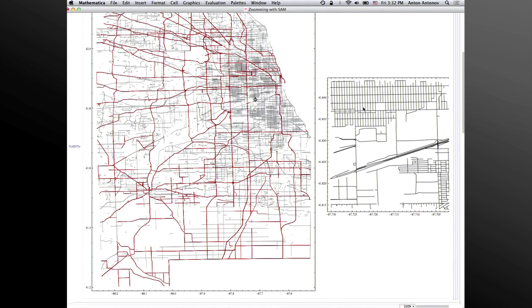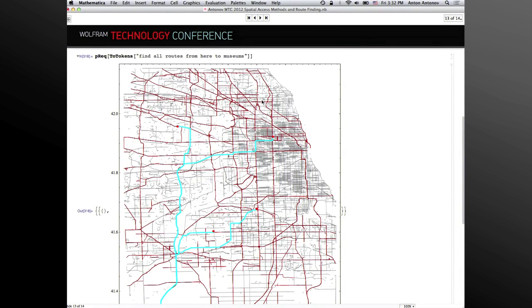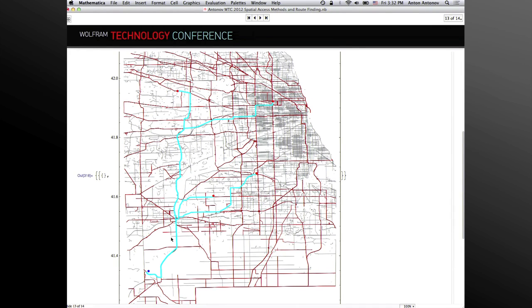Now, the general question is how we find a route from one point to the other. And the way I would resolve this is what I was showing here. For example, this guy who is somewhere here in this blue point and wants to go to any of these red points.